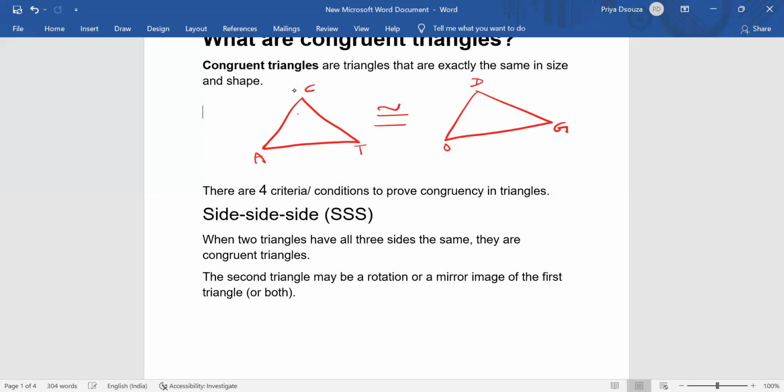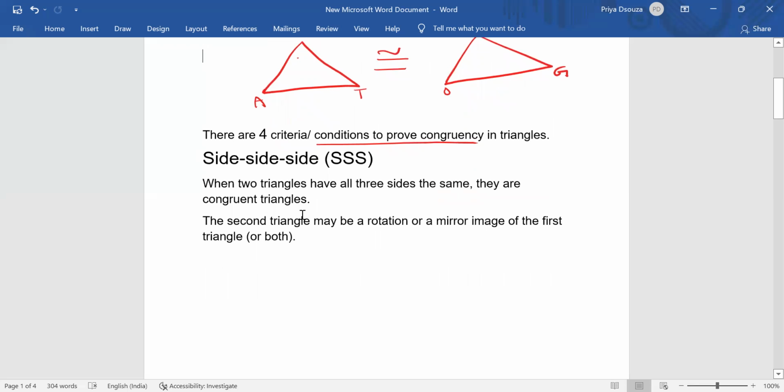If the two triangles are congruent, then when I place triangle DOG over CAT, they should exactly coincide. We'll see more into this later, but first we'll see the criteria or conditions to prove congruency in triangles.